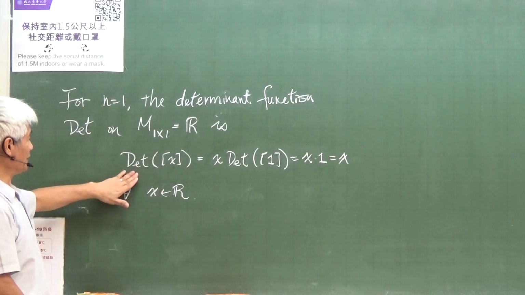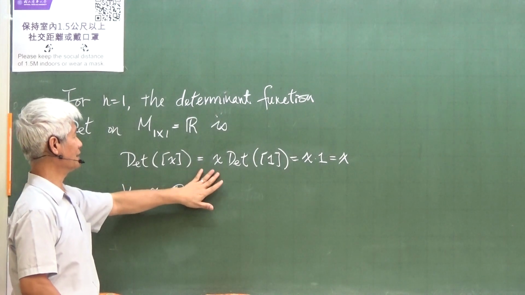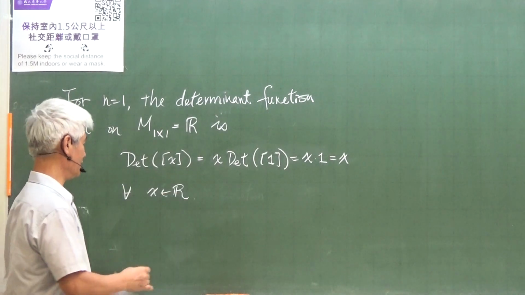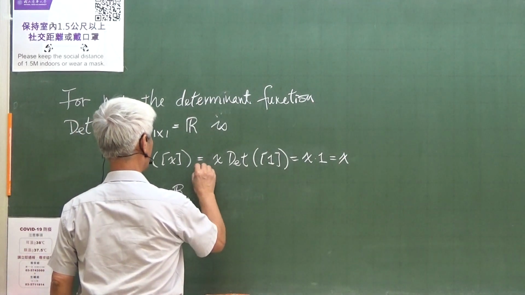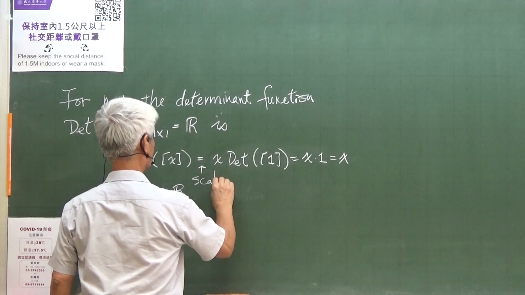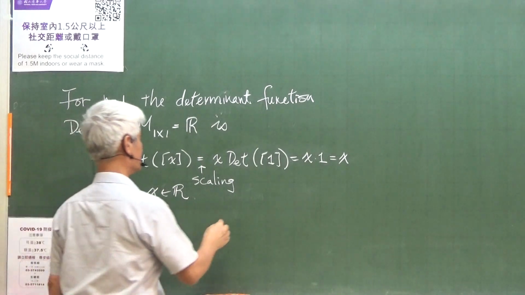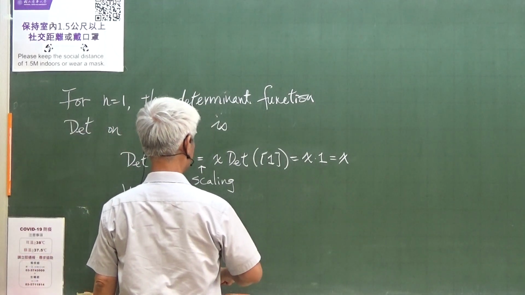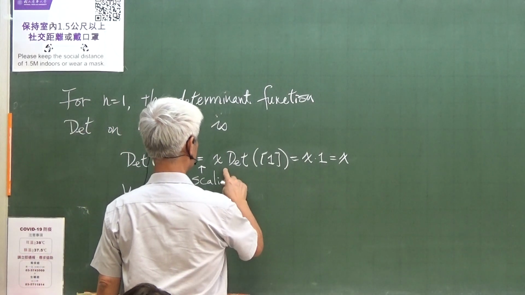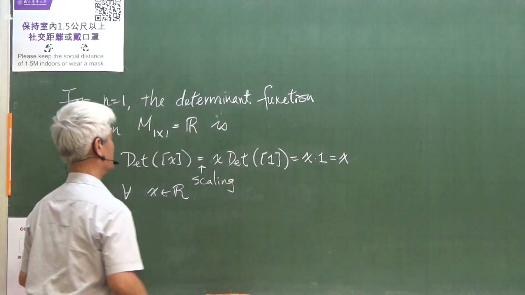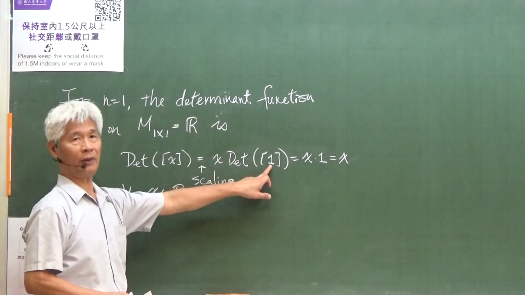The determinant of such an entry, by the scaling property, is x times the determinant of 1.